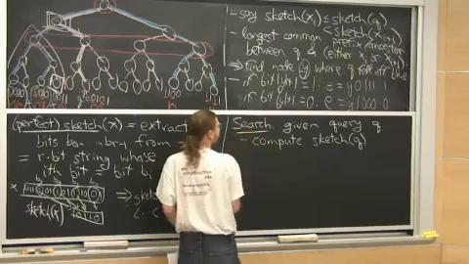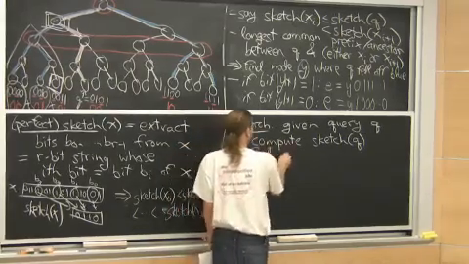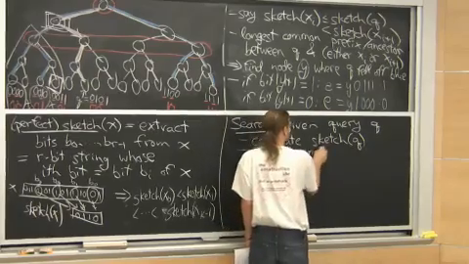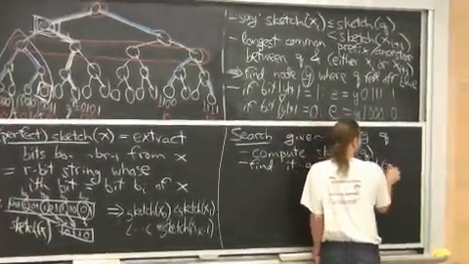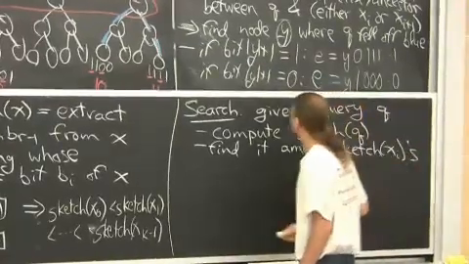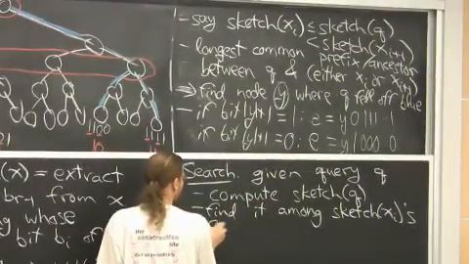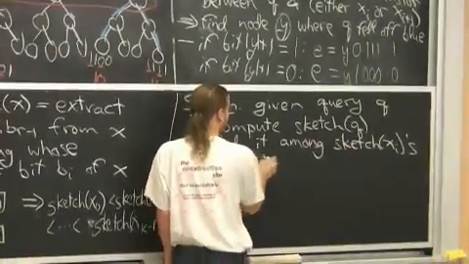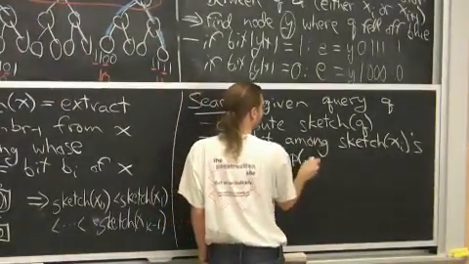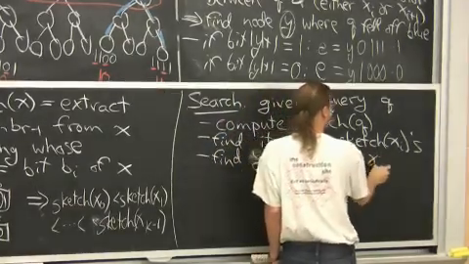So back to search, we compute sketch of Q, we find it among the sketch of the xi's. This gives us this y. So we find the longest common prefix. Y equals the longest common prefix of Q and xi or xi plus 1.